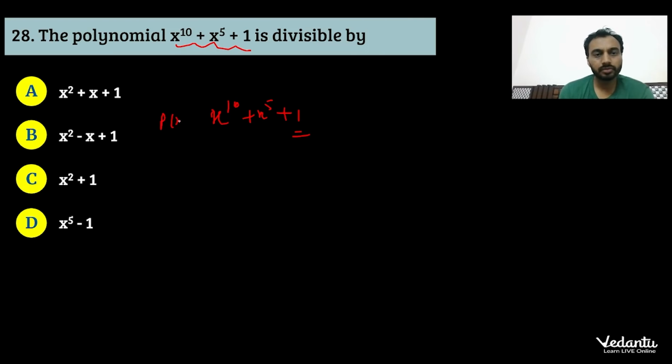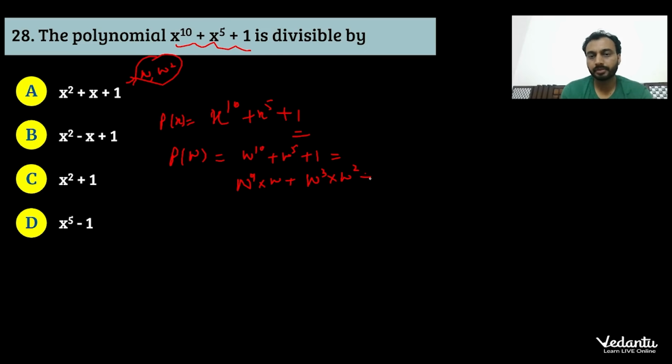Now there is one more thing. If you see the options, we have x square plus x plus 1, which has roots omega and omega square. So let's go for omega and omega square. If I put x as omega, we get omega power 10 plus omega power 5 plus 1. Omega power 10 is omega power 9 into omega, and omega power 5 is omega cube into omega square, plus 1.